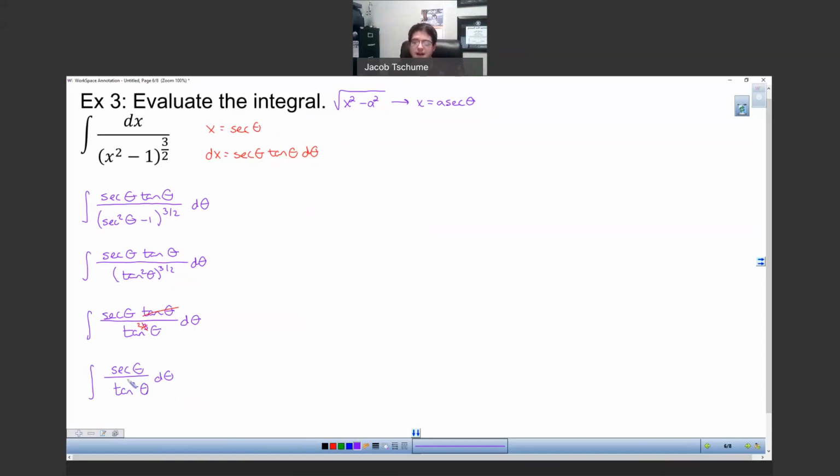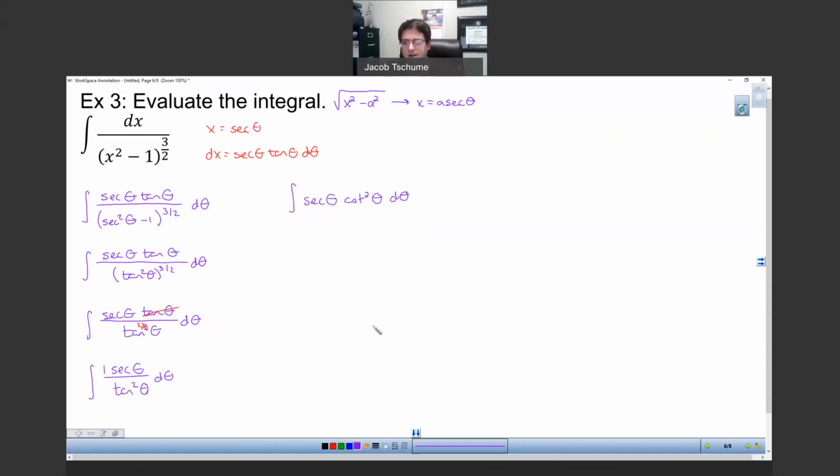So the first thing I know is that I could flip tangent squared over because there's an understood 1 on top, and I know that 1 over tangent squared would be cotangent squared. So I can rewrite this as the indefinite integral of secant theta times cotangent squared of theta, d theta.